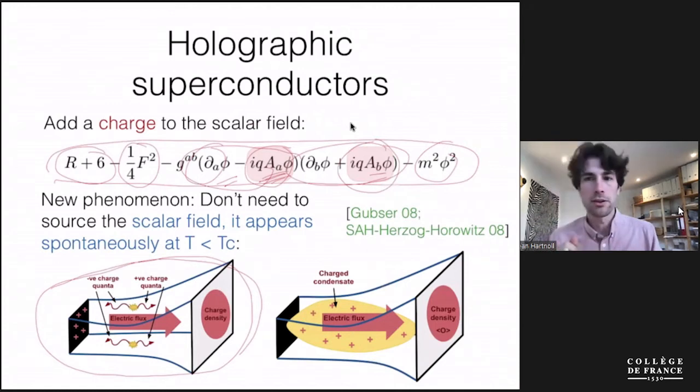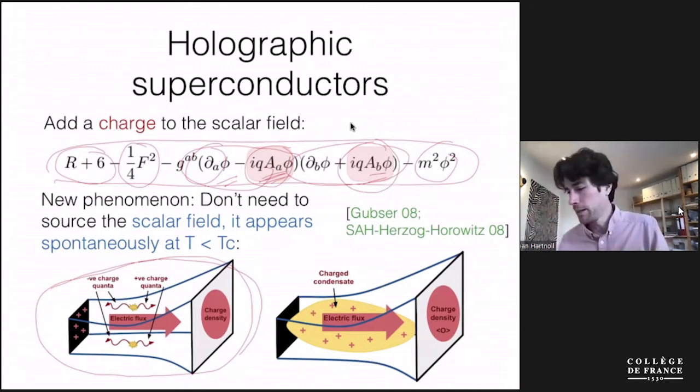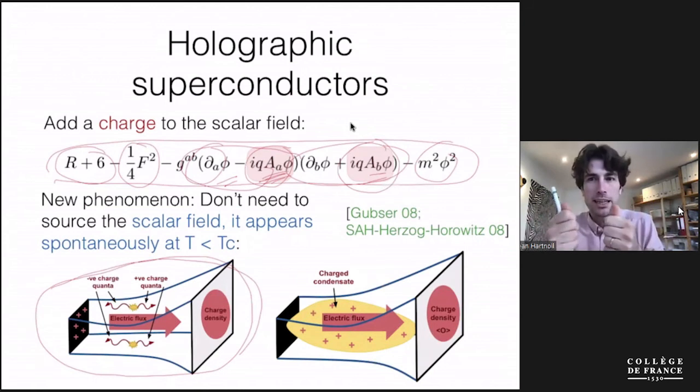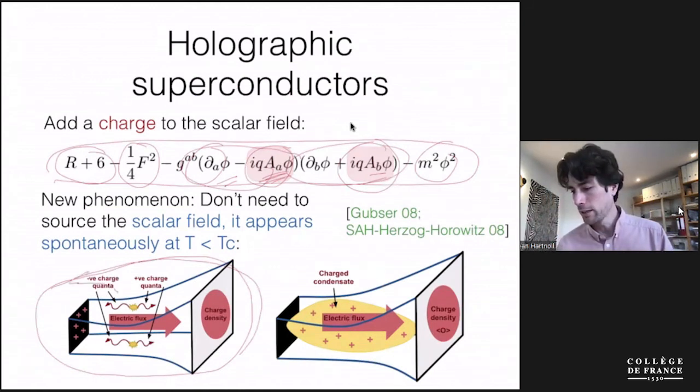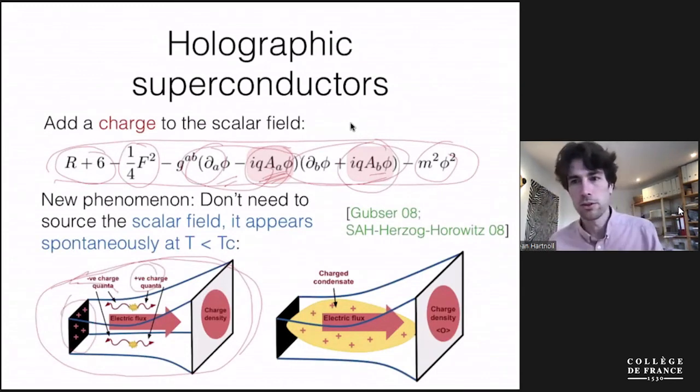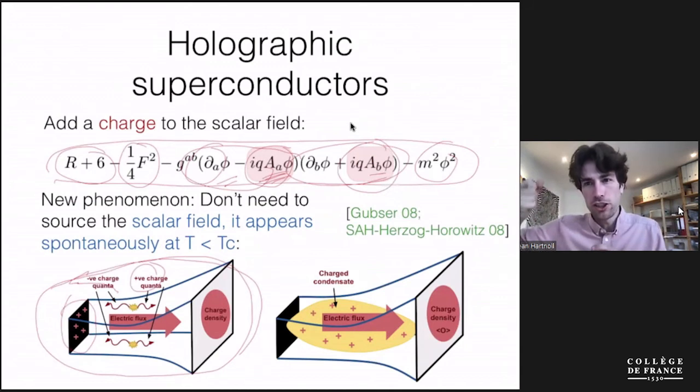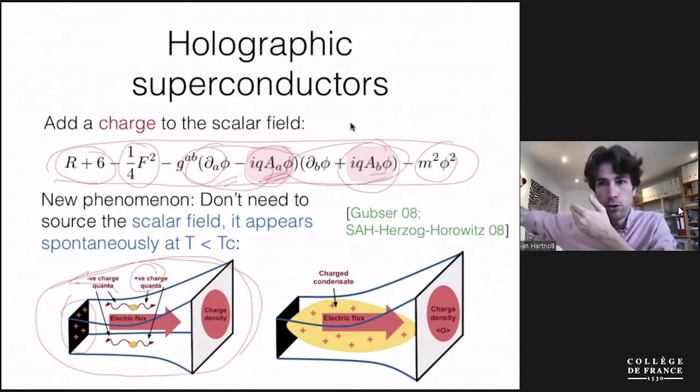Yes, very good. The charge will spontaneously condense, and you can think of this in the following way: there's a pair production. I mean, it's entirely classical. But if you imagine putting in a negative and a positive charge, the negative charge gets sucked into the black hole, and the positive charge wants to get pushed away from the black hole. If the charge is stronger than gravity, then that charge will get pushed away.